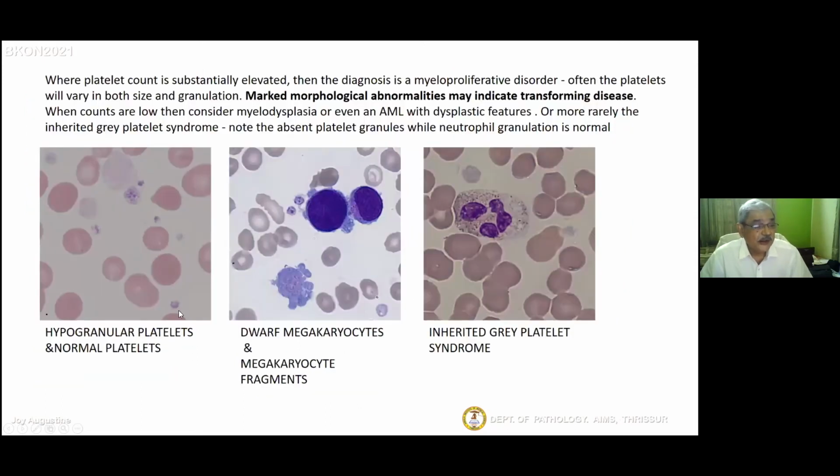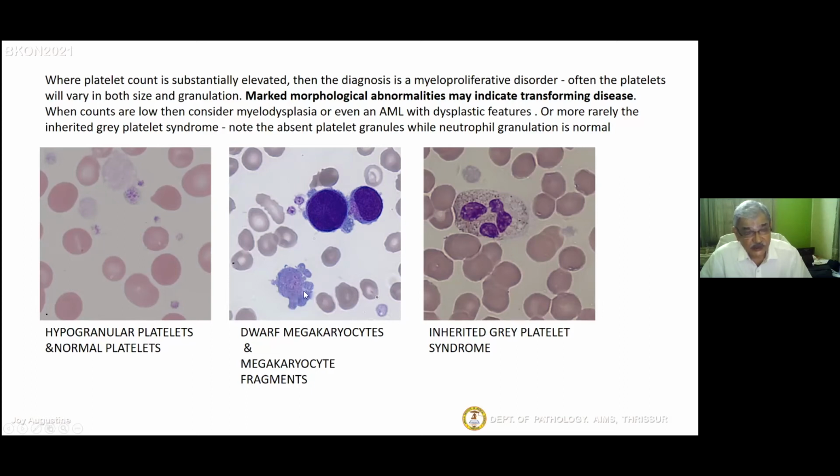Now, this is another picture of hypogranular and normal platelets which can be seen. This is also characteristically seen in myelofibrosis and myelodysplastic syndrome and some forms of AML. Now, this is basically a megakaryocyte fragment. You can identify this by seeing the peripheral blebbing of the cytoplasm, which normally you don't get in a giant platelet.